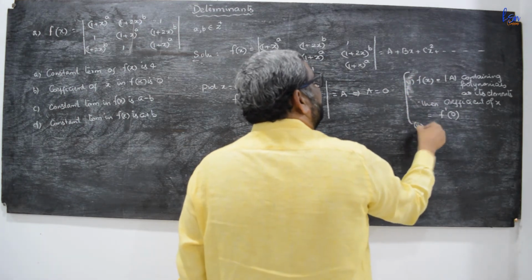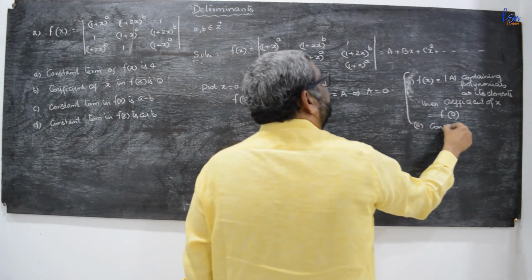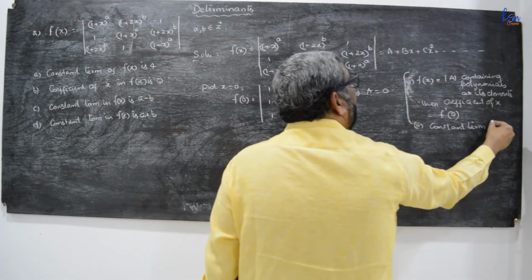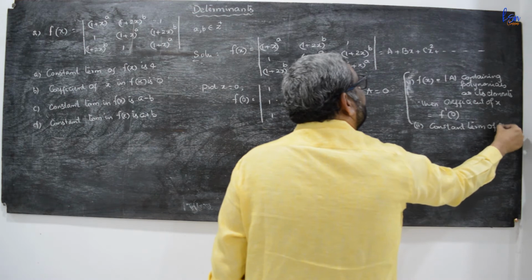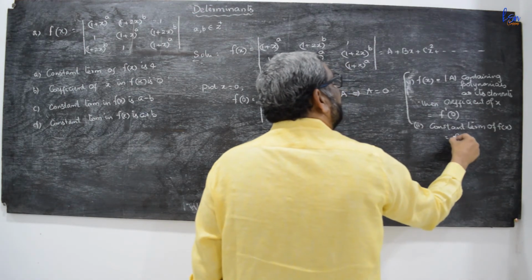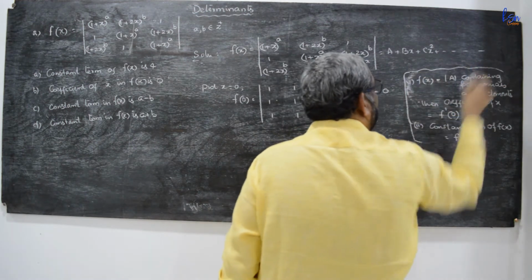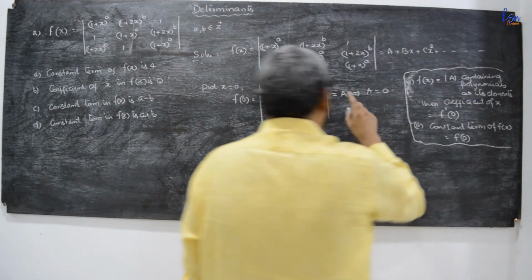Number 2, constant term of f(x) is equal to f of 0. So these are the two formulas which already were applied.